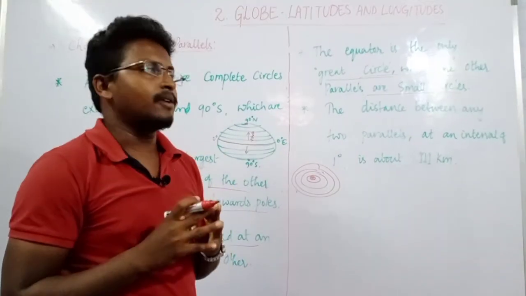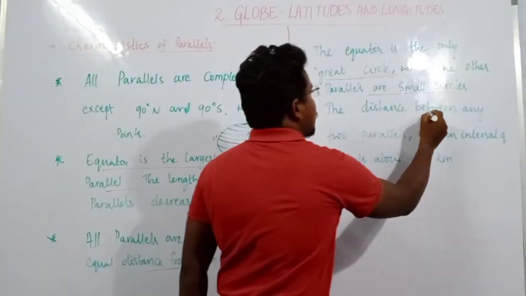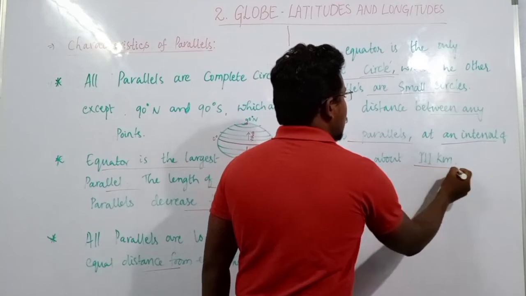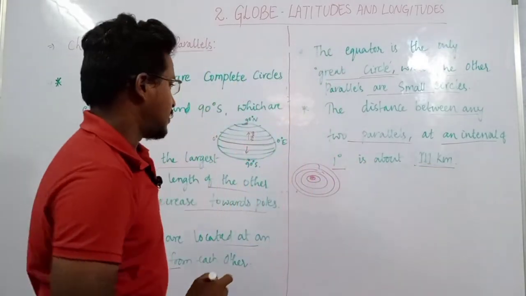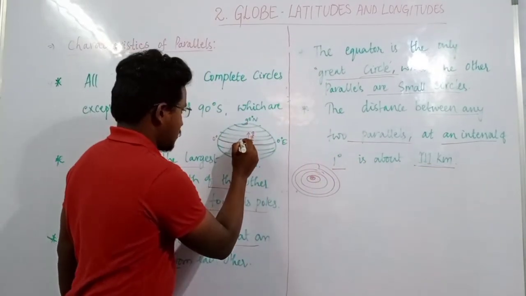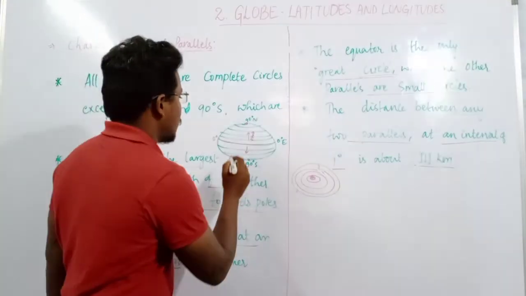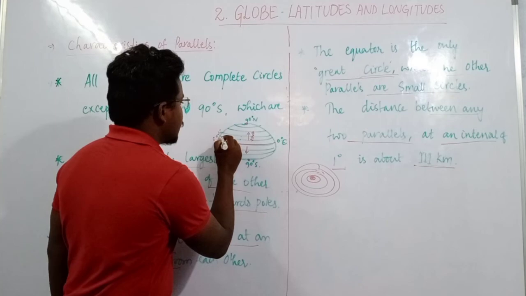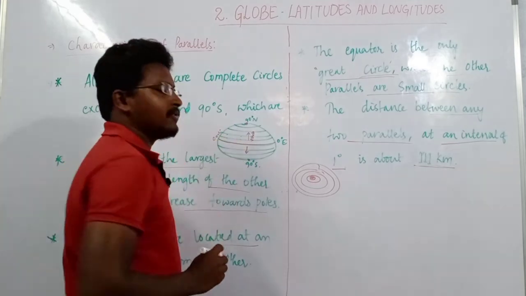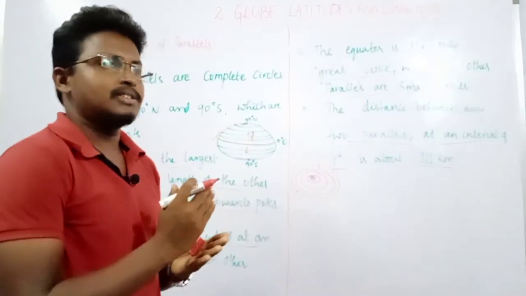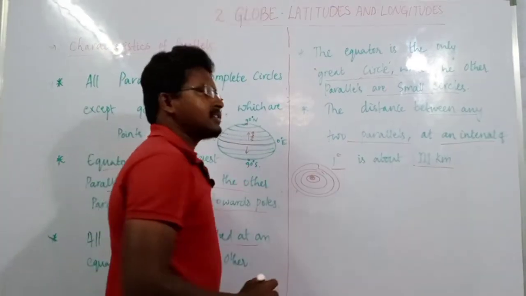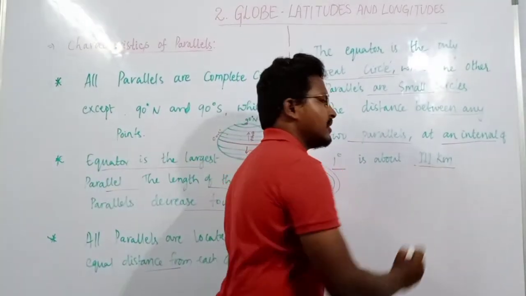Then the last very important feature is that the distance between any two parallels at an interval of 1 degree is about 111 kilometers. That means between each latitude, for example, this is 1 degree latitude and this is 2 degree latitude, between two latitudes which have a difference of 1 degree, the distance is about 111 kilometers.